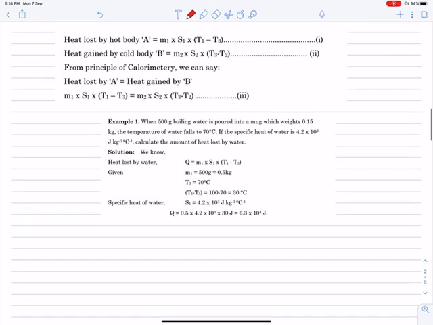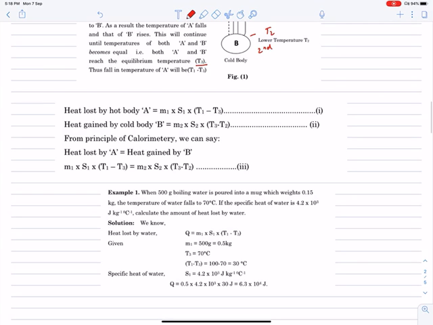I have told you the heat lost is given by equation number 1, that is m1 into s1 into (T1 minus T3), where T1 is the higher temperature and T3 is the lower temperature. Because temperature can't be negative, if you do T3 minus T1, it will be negative. It is a positive, real quantity, so obviously you will put this formula.